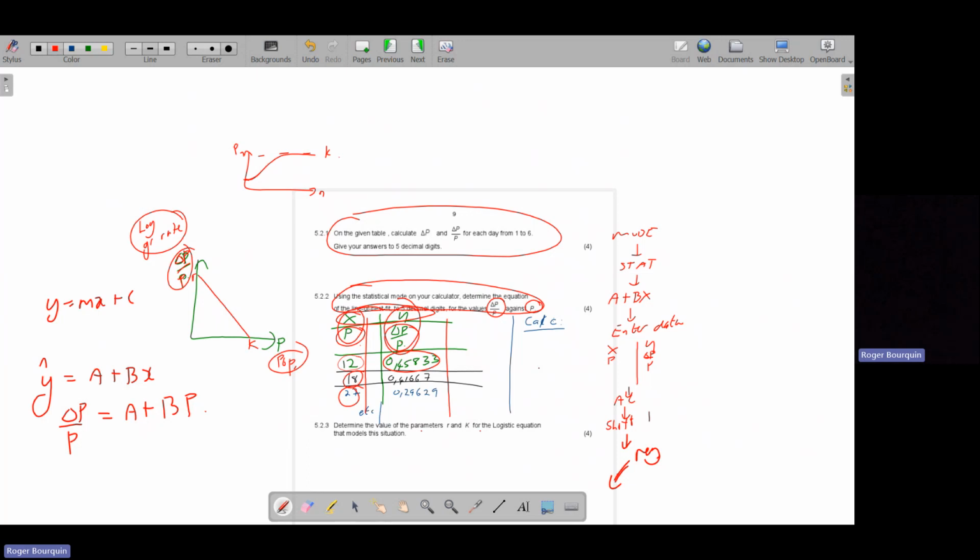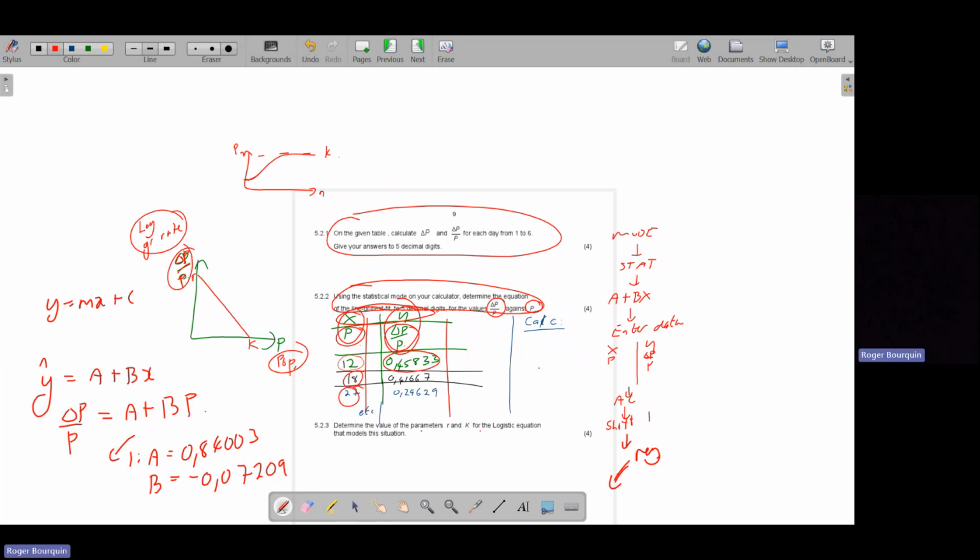If you press number 1 in your options, you get a. So you go 1, a equals, and you should get a is equal to 0.84003. Then you clear your screen, go back into the menu, and you should get b is equal to negative, and you expect a negative gradient, negative 0.07209.